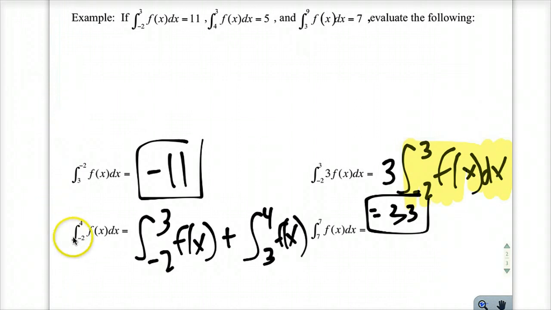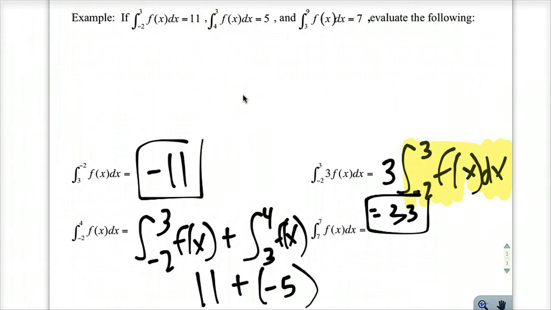Again, I don't have -2 to 4, but I do have -2 to 3 and 3 to 4. So instead of going straight from -2 to 4, I have essentially a go-between to get that answer. -2 to 3, we already said, is 11. So that part becomes easy. We don't technically have 3 to 4, but we have 4 to 3. So instead of writing 5, I'm going to write -5. So my answer is going to be 6.